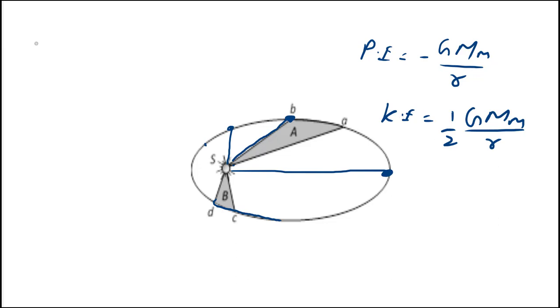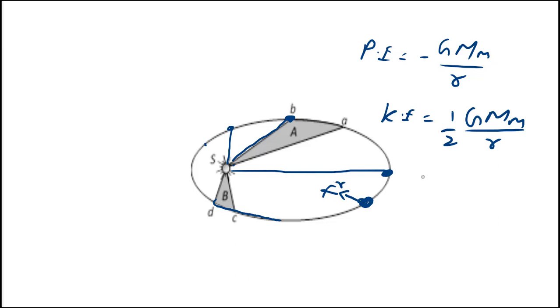Now we are left with the angular momentum. When the planet is at this point or any other point, there is a force acting on the planet which is directed towards the sun. This is the direction of the force, towards the sun. And of course r is also directed towards the sun.